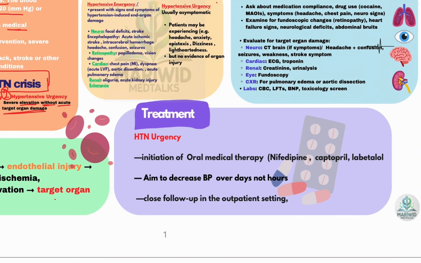Treatment. We're going to divide the treatment into treatment of hypertensive urgency and treatment of hypertensive emergency. From the start, it's important to differentiate between both because they have different treatment protocols.